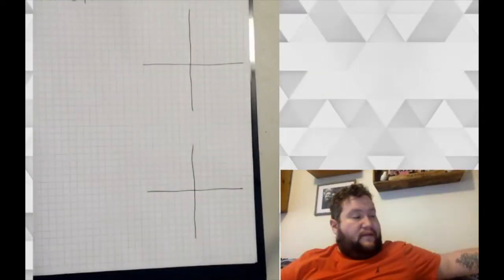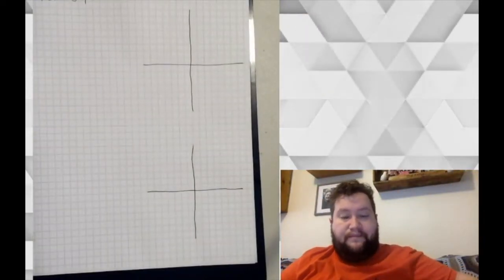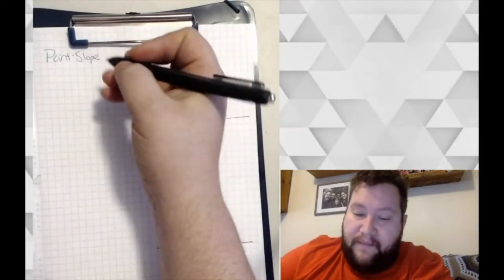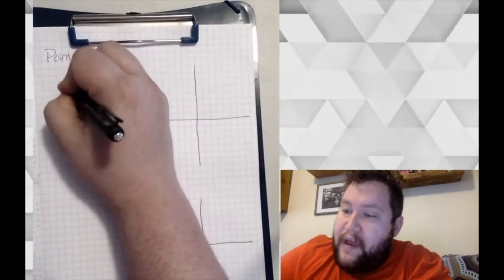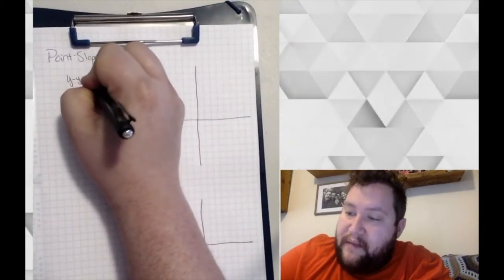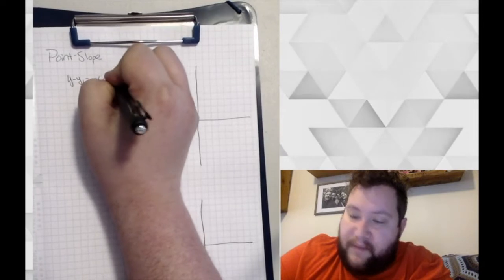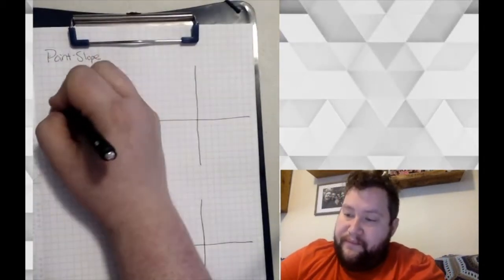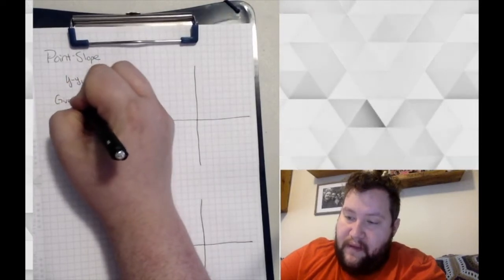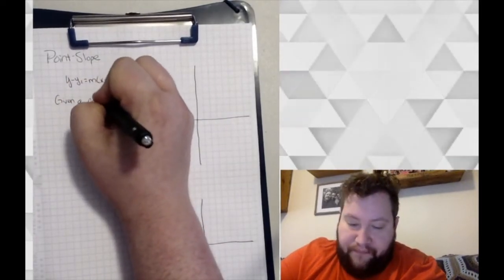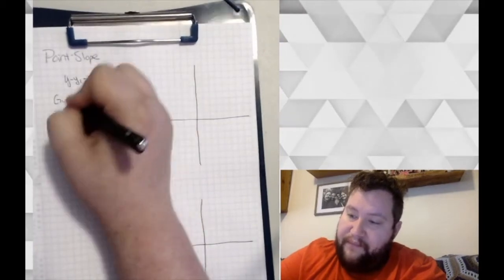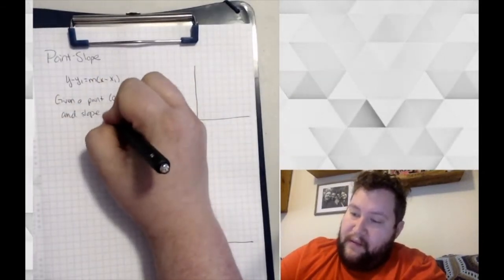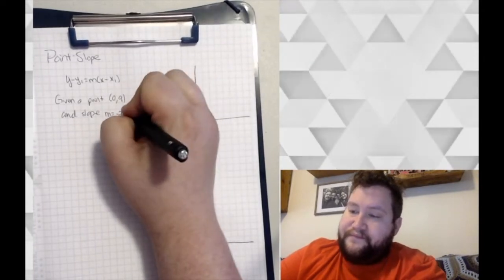So here we have point slope. Point slope, right? That was our y minus y1 equals m times x minus x1. It says, given a point and a slope, a point 0, 9, and slope m equals negative 2.